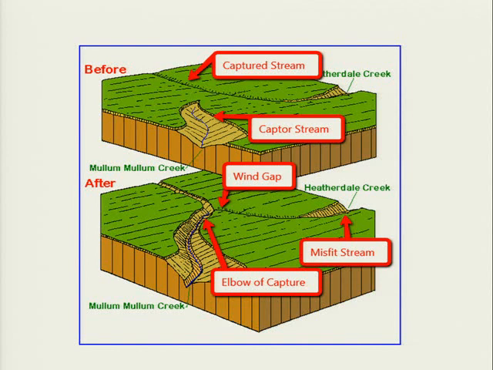But the bottom part, after the capture has taken place, could result in an episodic river or in a periodic river. Whereas, let's say the capture stream is only a periodic river, it can now become a permanent river because it has more water.